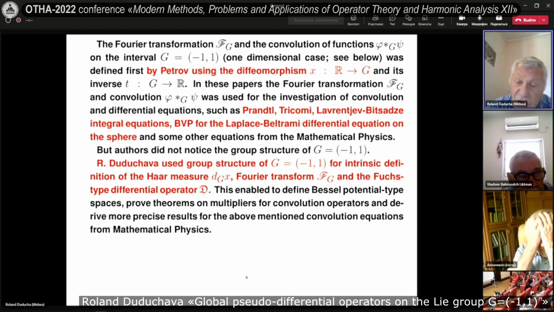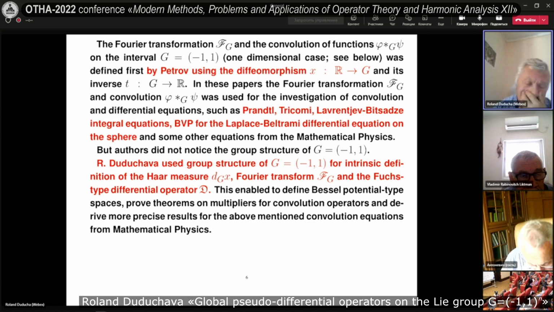We use this advantage to define the Fourier transform independently, and all this technique, and this enabled us to define Bessel potential spaces, prove theorems on multipliers for convolution operators, and derive more precise results for the above-mentioned integral equations. I mean solvability properties, a priori smoothness, and such things, if we have the full scale of such spaces.